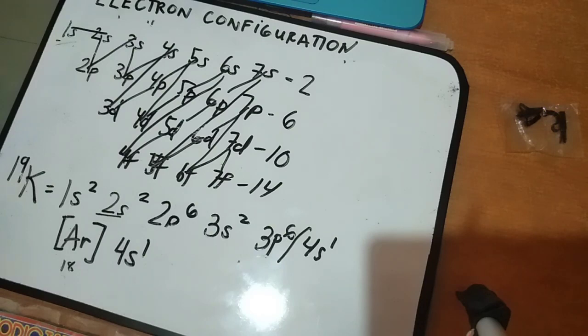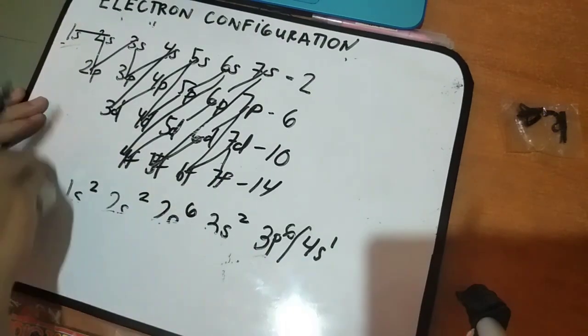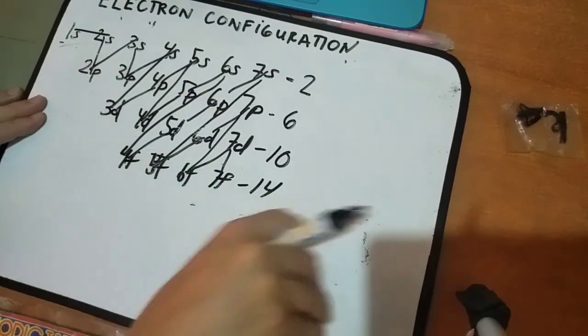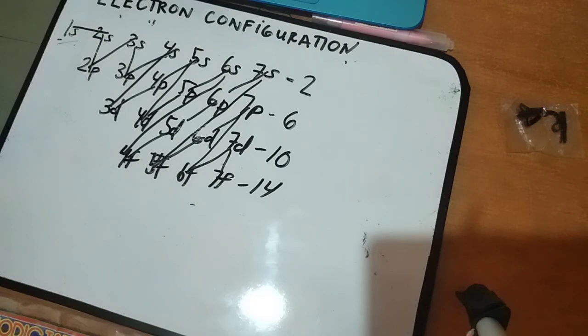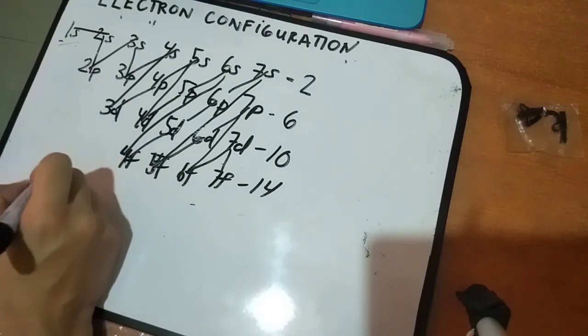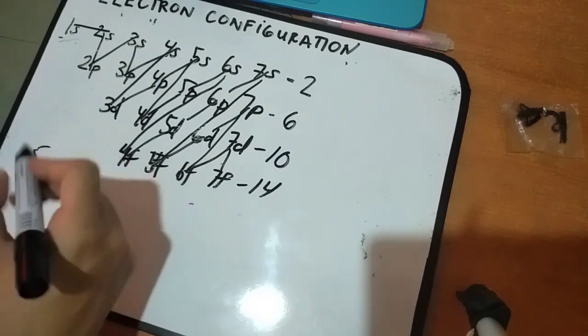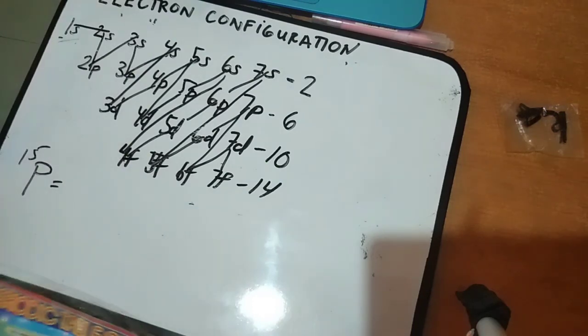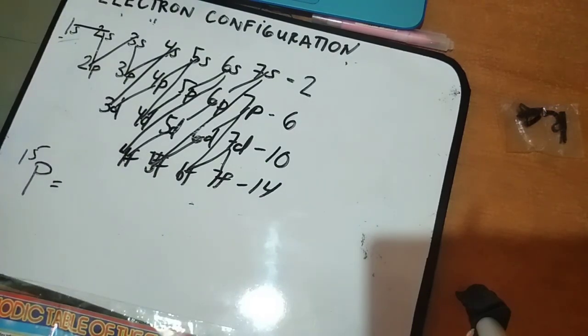Let's have another example. Let's have phosphorus. So, phosphorus, symbol is P, then 15. So, gawin natin yung electron configuration niya, long method.